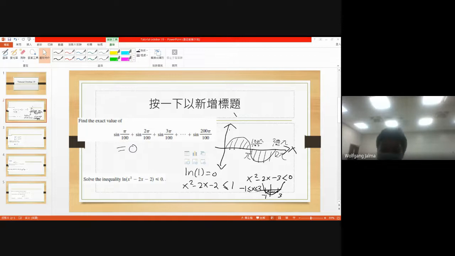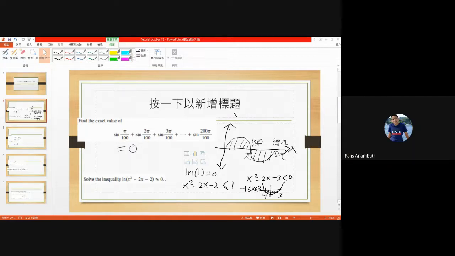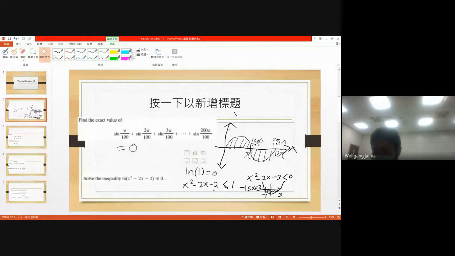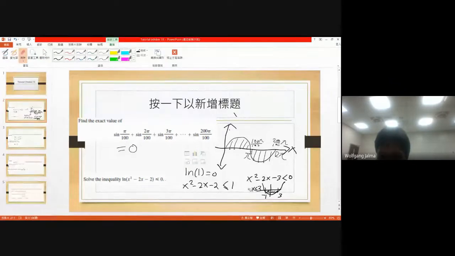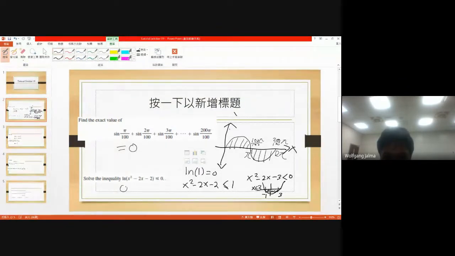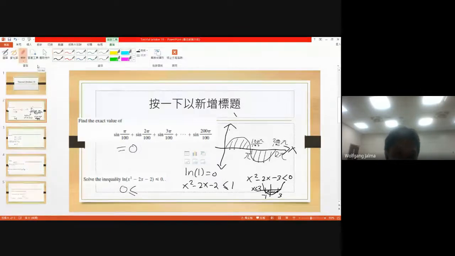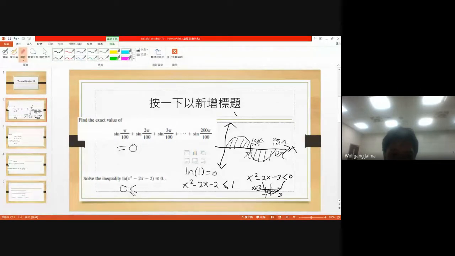So we must cut. Yes, Palis was right. So it's not minus 1 to 3, but X must be bigger than 0 and smaller than 3. Thank you, Palis. Sorry, I forgot.